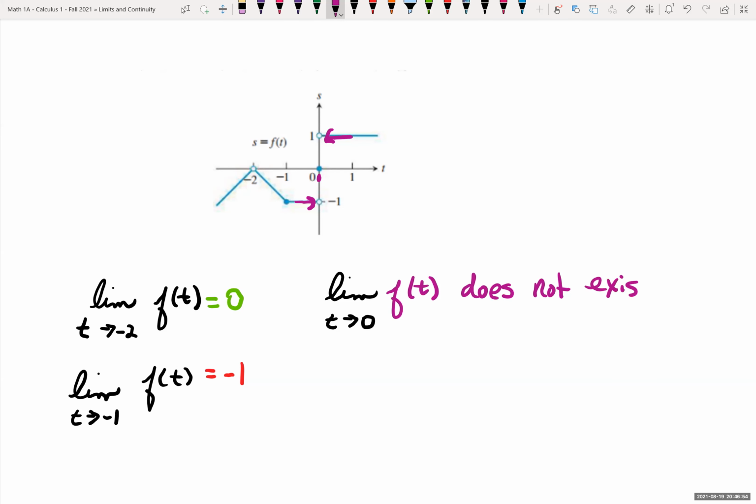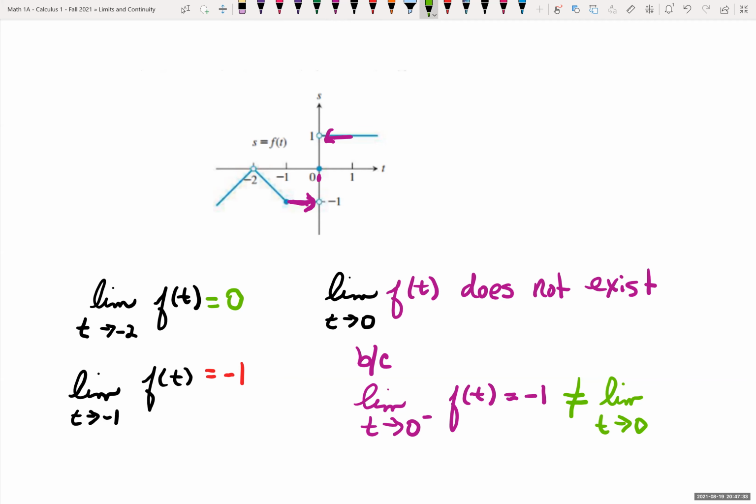I'm going to write down what I had just said before. The limit as t approaches 0 from the left-hand side, 0 with a negative exponent-like sign, of f of t is equal to -1, which does not equal the limit as t approaches 0 from the right-hand side of f of t, which is equal to +1.